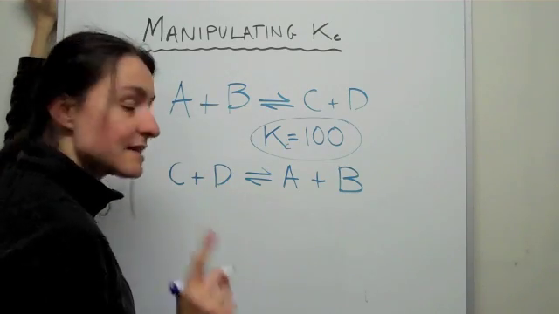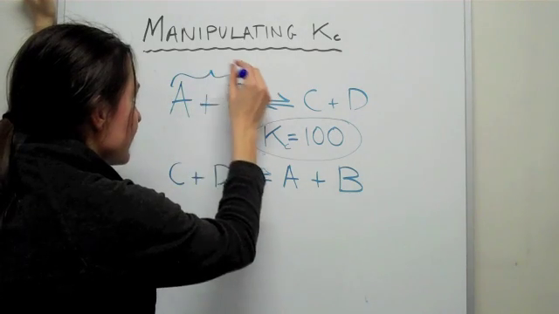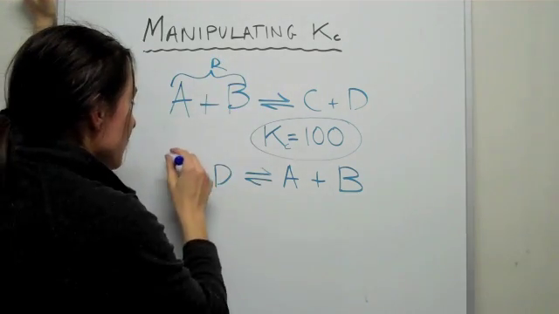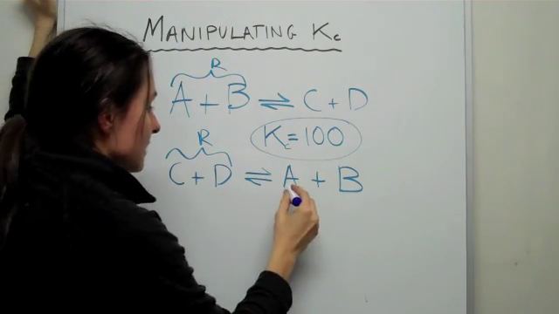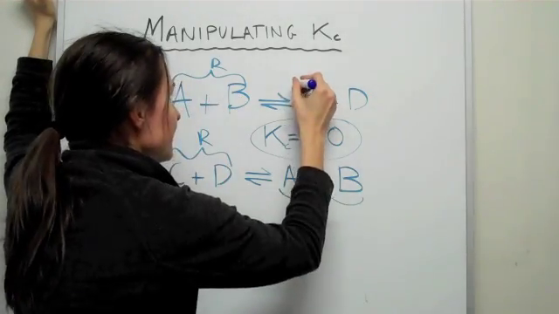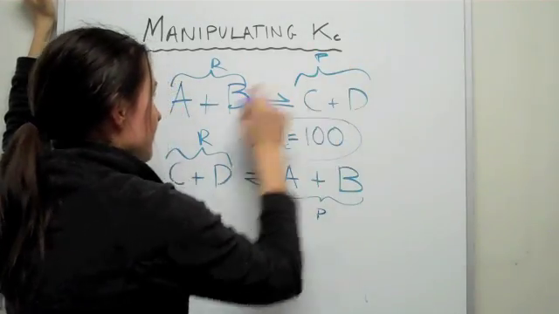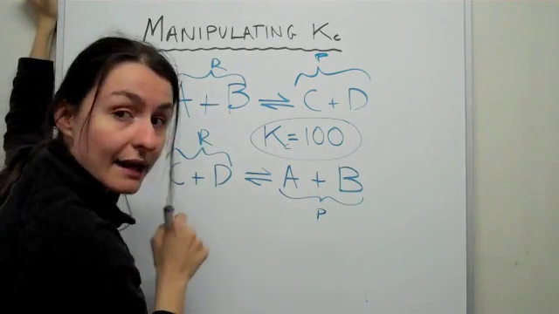The order of the reactants has changed: these are now the reactants, and those that were reactants become products. Everything has been flipped around. A plus B has become a product and C plus D has become a reactant.